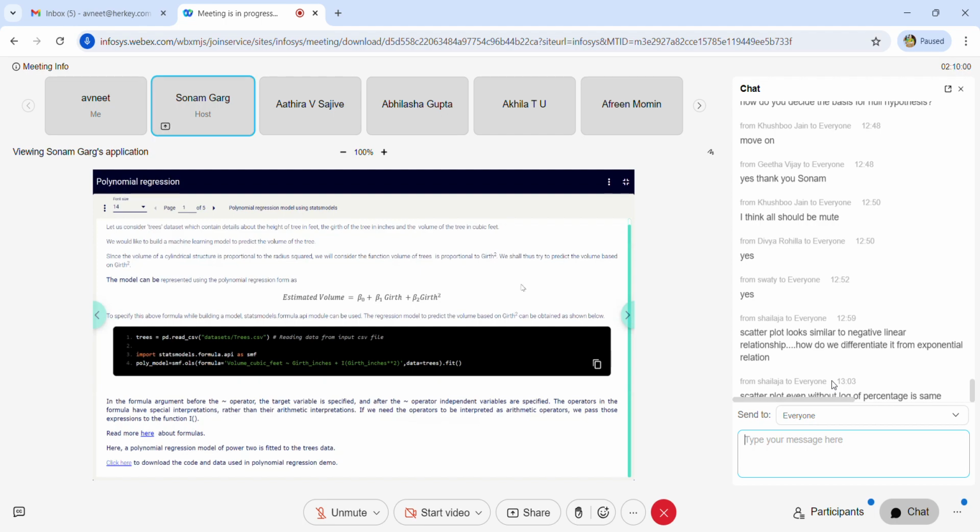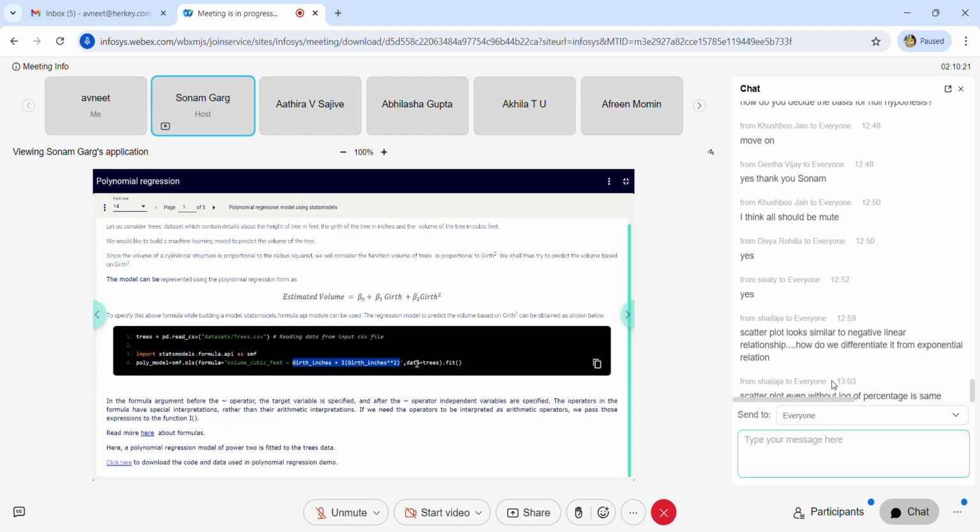Sorry, let's start again. For the relationship between volume and a quadratic equation, use OLS to plot this. The cubic feet volume is the y value which we want to predict, and this is your x value based on which you want to predict.